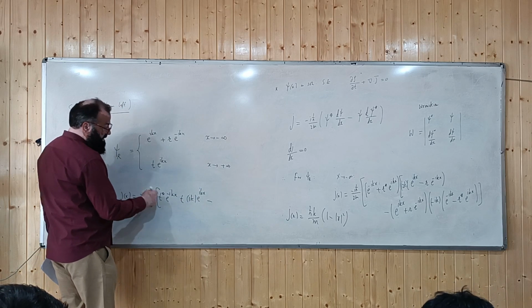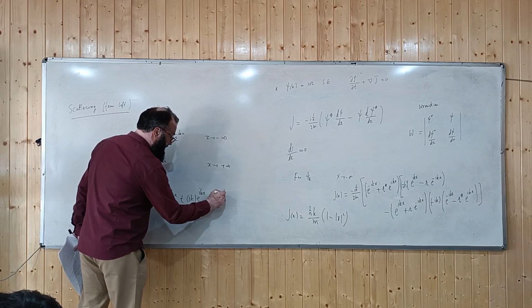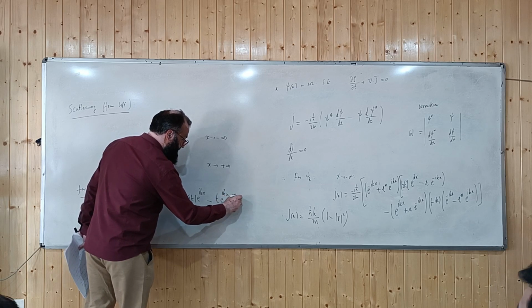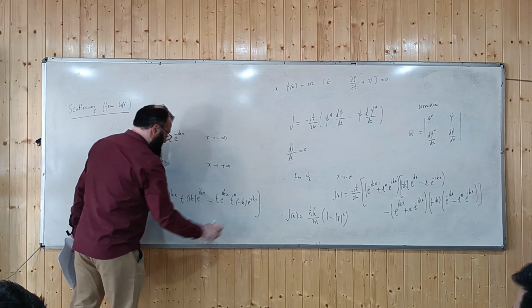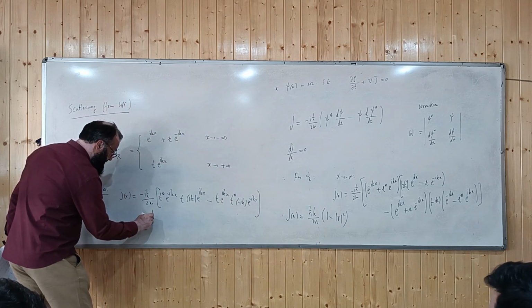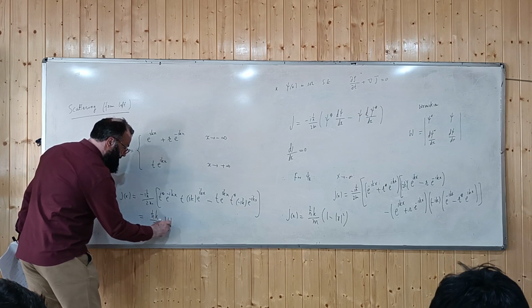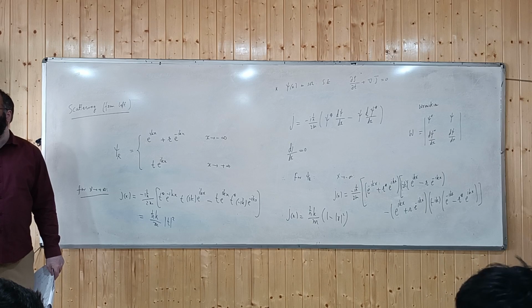Then minus psi, which is T e raised power ikx, then the differentiation of the star, T star minus ik e raised power minus ikx. So how much is that? It's simply h cross k by m magnitude of T squared. Clear? Got it?